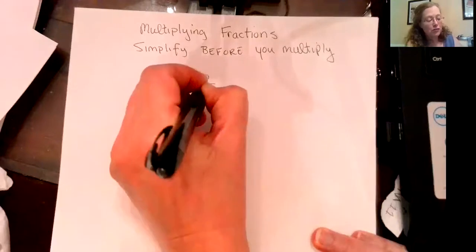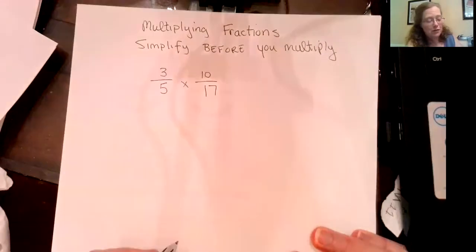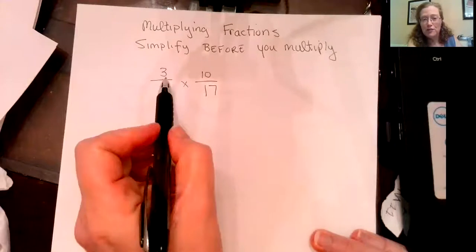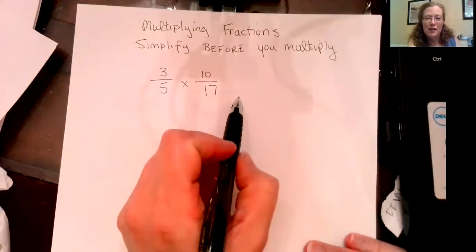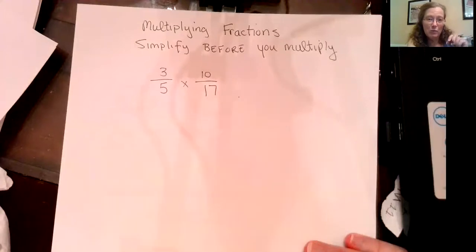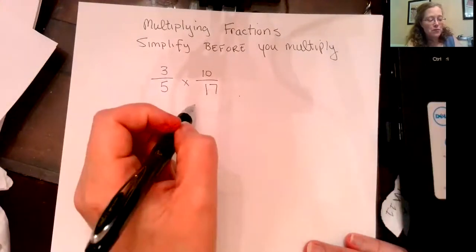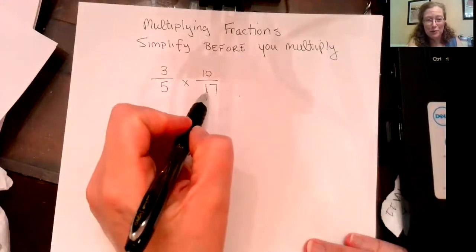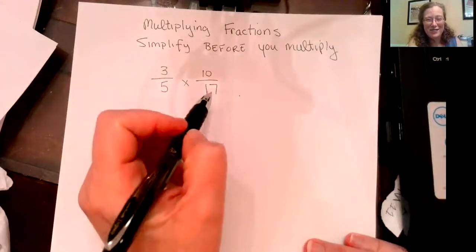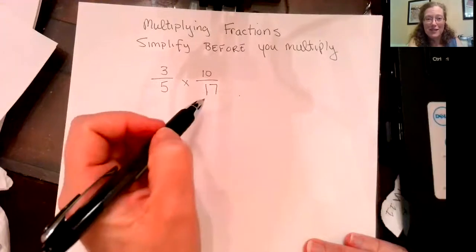And I could just multiply across the top and multiply across the bottom, but then I would have to check and see if there's anything that I could divide the top and bottom number by the same number evenly. It's easier when I'm working with smaller numbers. I see that 3 and 17, those are actually both prime numbers, and it can be very handy to already have your prime numbers memorized.